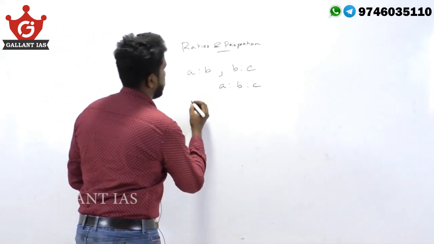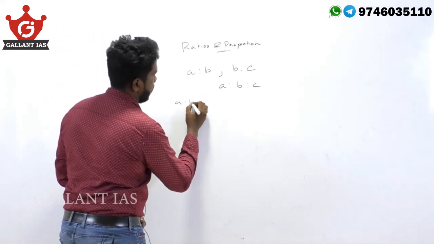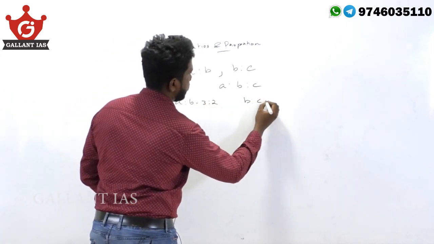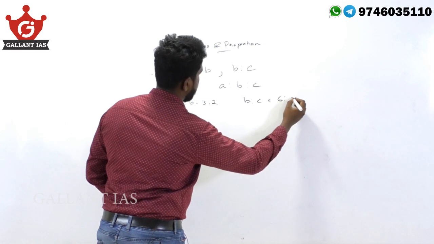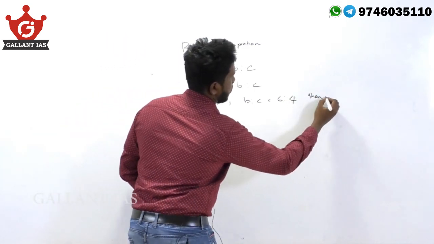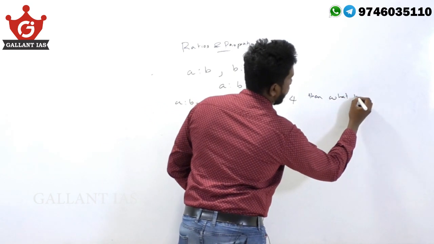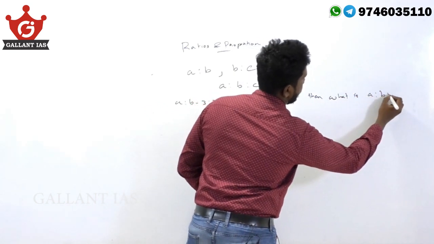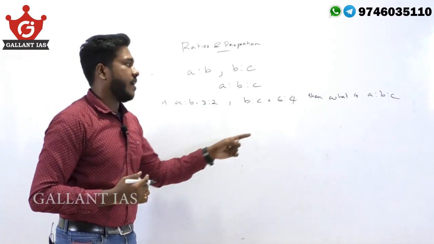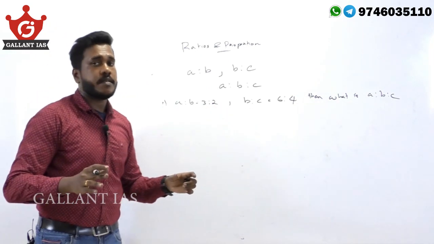Suppose A is to B is 3 is to 2 and B is to C is 6 is to 4, and then what is A is to B is to C? This is a frequent type of question that UPSC has asked in many of our CSAT papers.